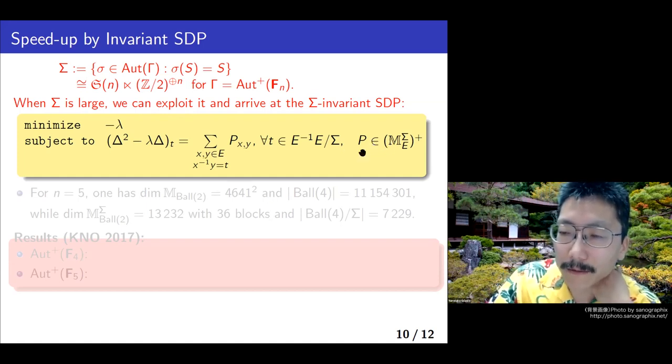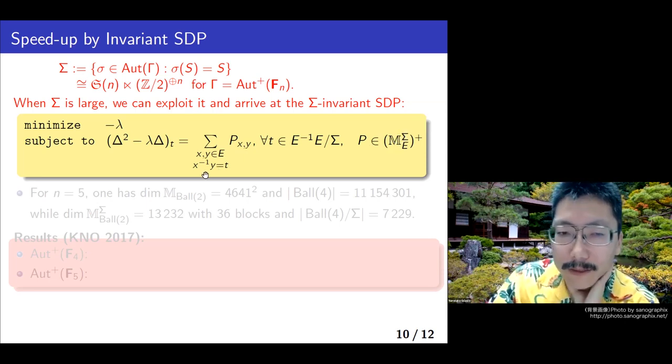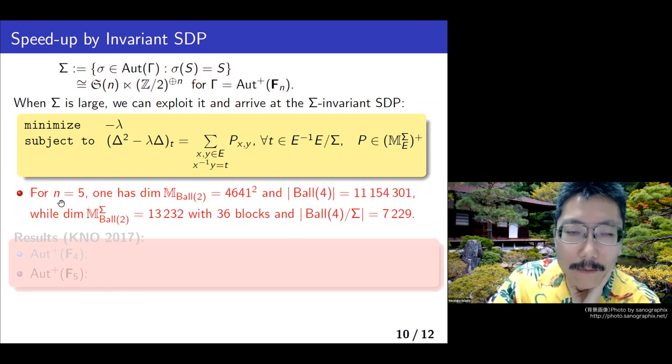What we actually do to implement this in the computer is that we write down explicitly the irreducible decomposition of this invariant subalgebra of matrices. And we did it for n equal 5.